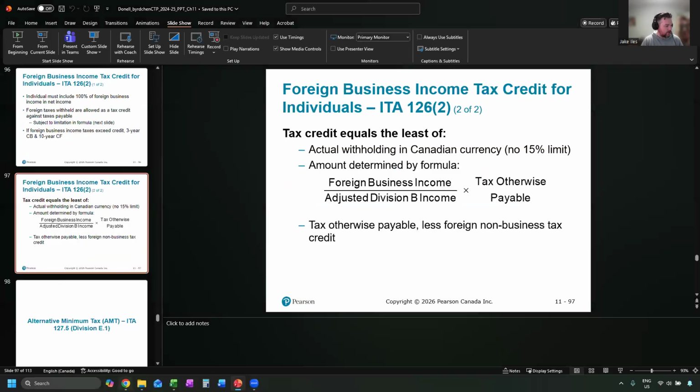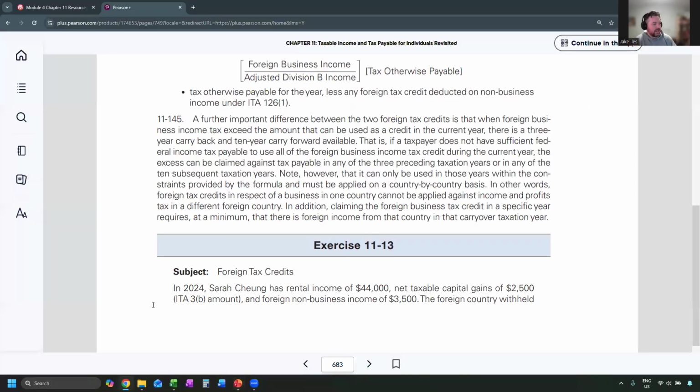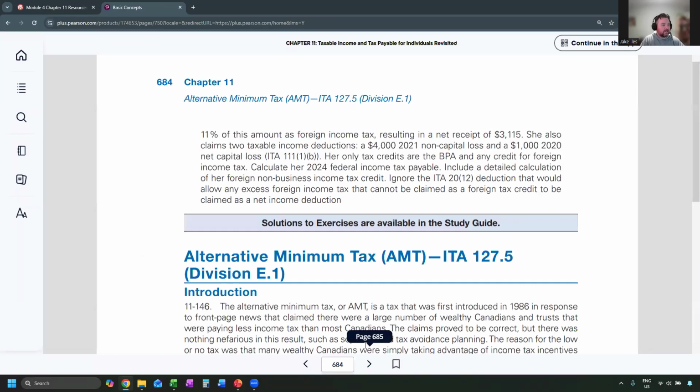Okay, so going to the exercise. In 2024, Sarah Chung has rental income of $44,000, net taxable capital gains of $2,500, and foreign non-business income of $3,500. We have several types of income. The foreign country withheld 11% of the foreign income tax, resulting in a net receipt of $3,115.